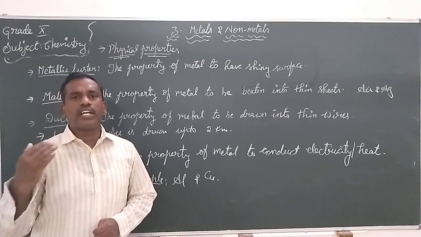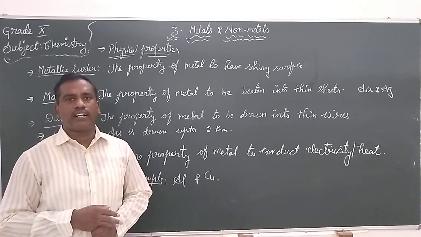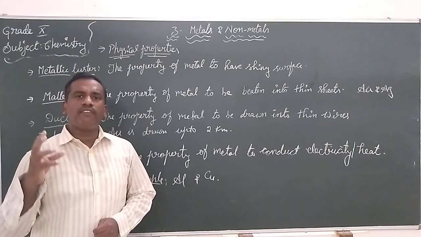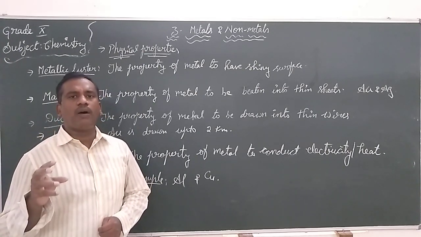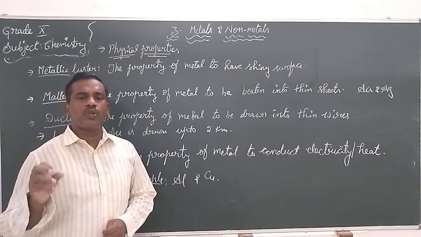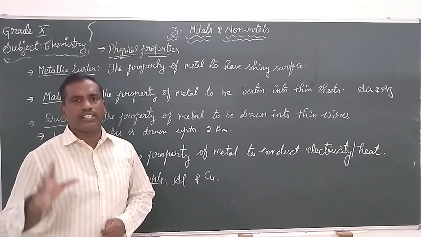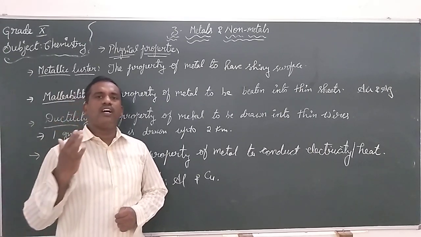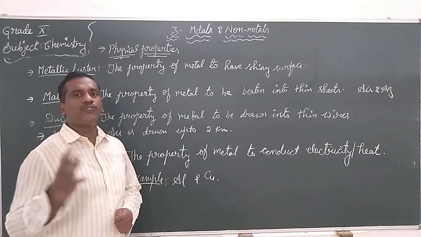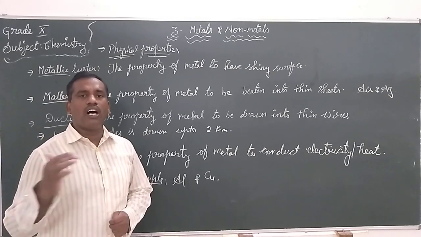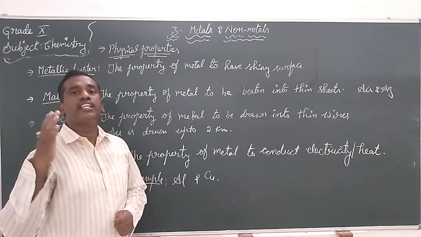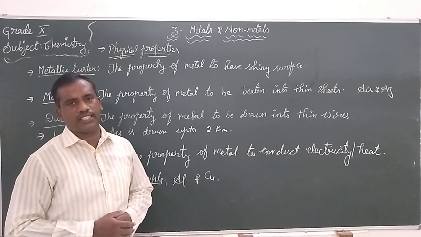In their impure state, they lose their shiny nature. So a metal will be lustrous only when the metal is in its pure form. That is only due to the surface phenomena, or the surface shining of the substance.